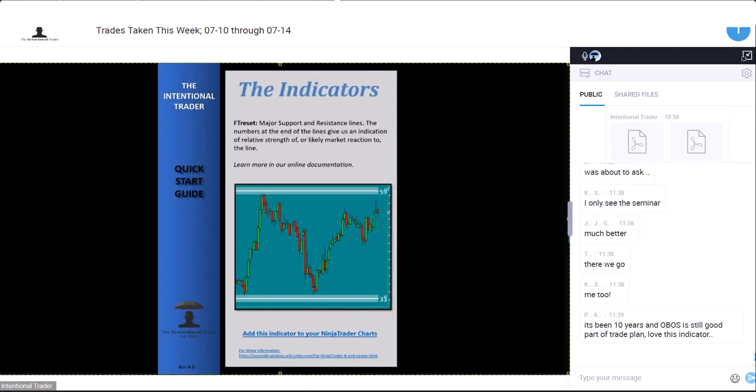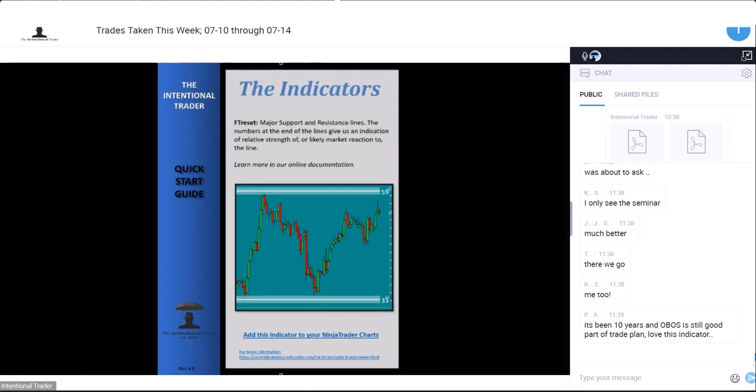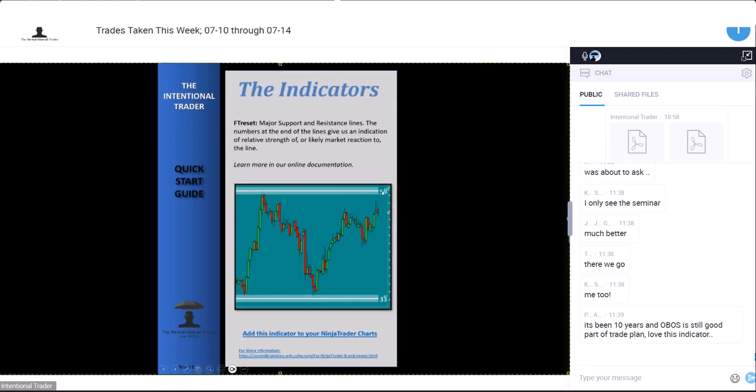Okay. Now we have our support and resistance lines. We call it FT reset. And the numbers at the end of these lines reset every time that the line has been touched or crossed, and it resets to 0. These lines are important so that if we approach them in a real strong way, we very often see a reaction to that line if it's been a long time since that line has been touched or crossed.